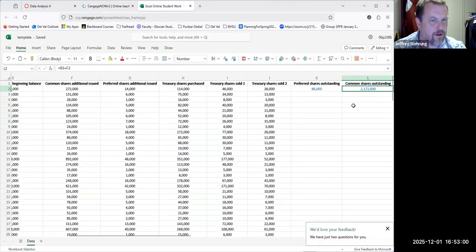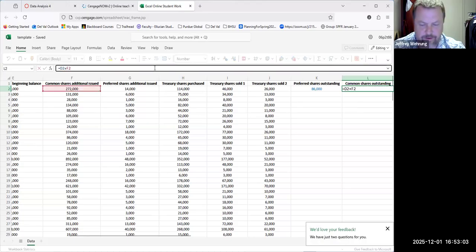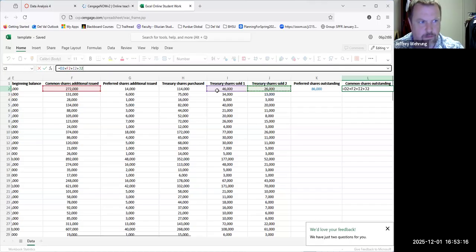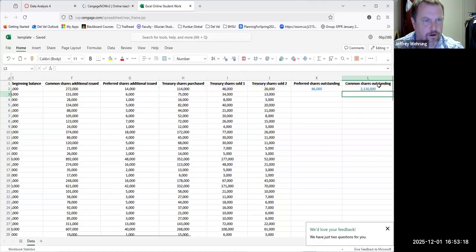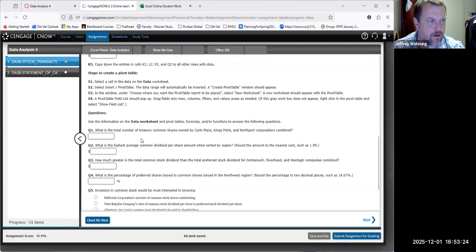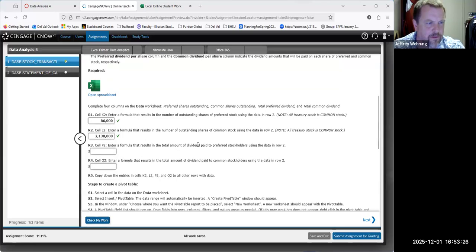So let's see. We're going to have to add in this plus this minus this. Let's see if that's what we're doing here. There you go. So there we were doing all of our common stock.